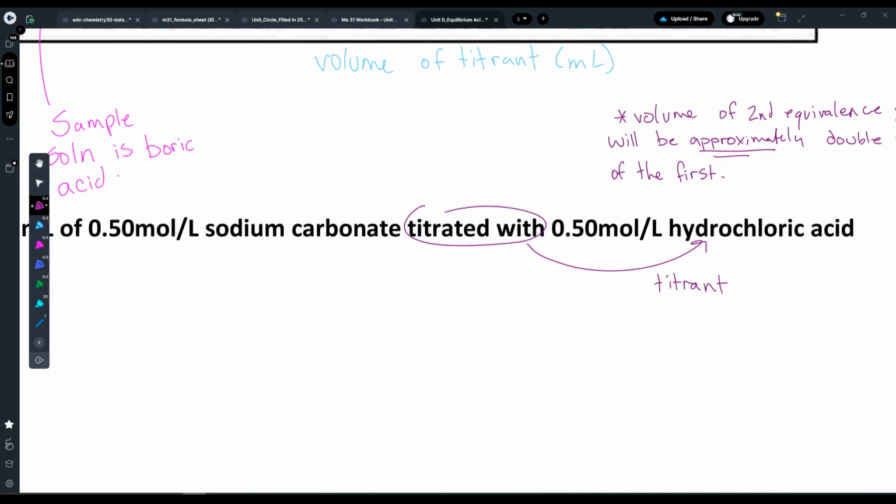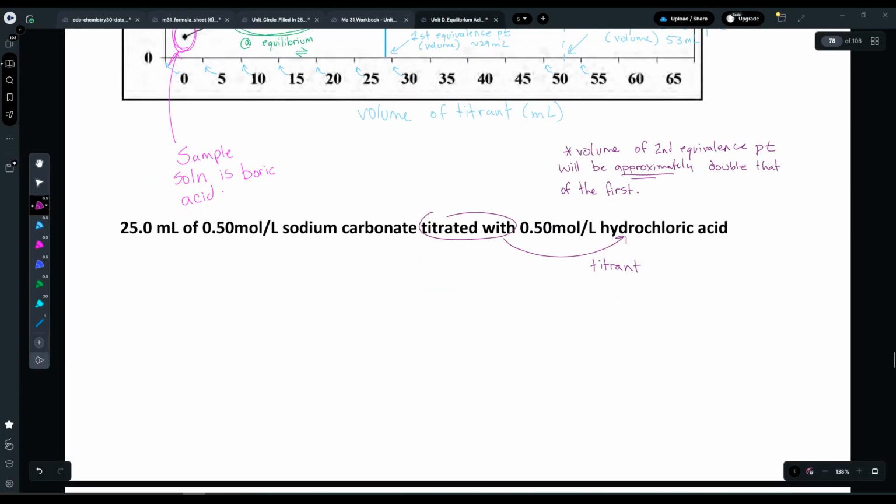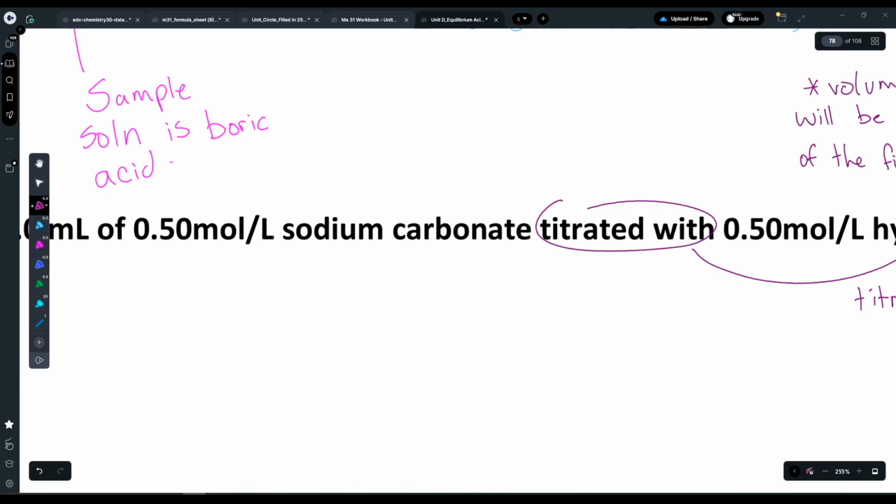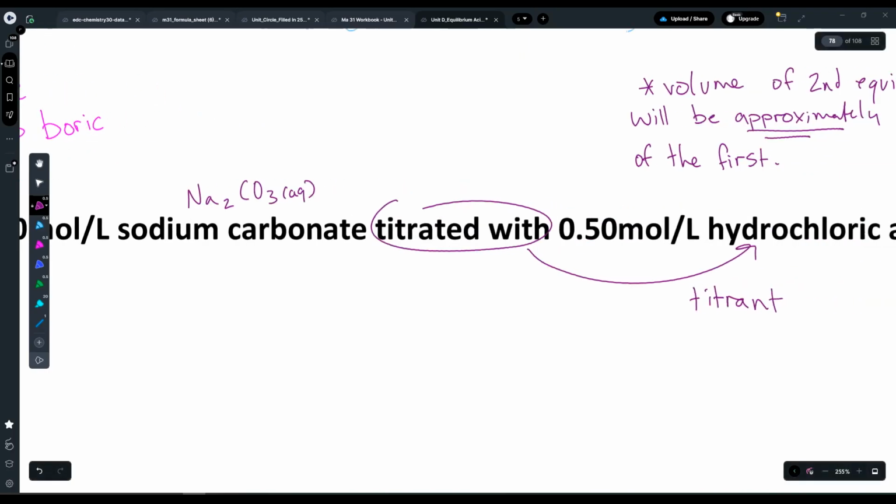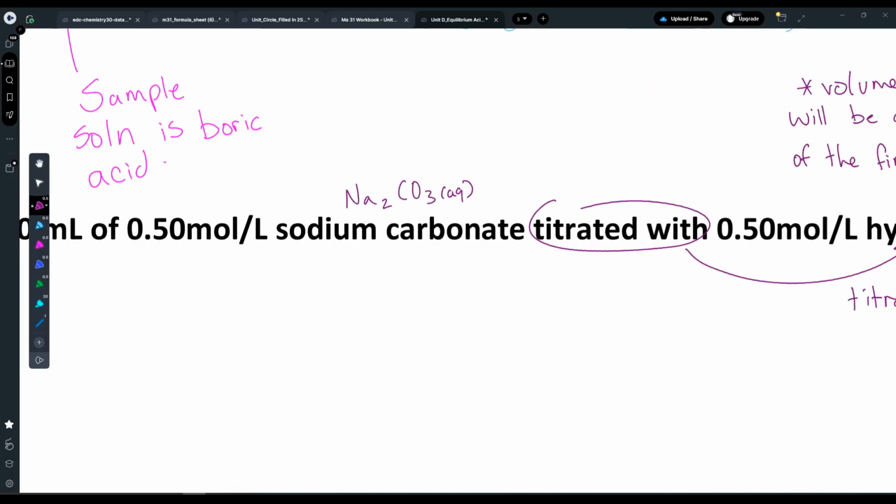So our titrant is the 0.5 mole per liter hydrochloric acid. Now with sodium carbonate, that would be Na2CO3. And for titrations, you can assume both your sample solution and titrant are aqueous.